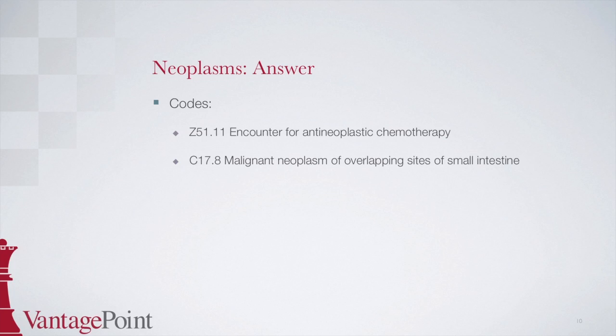I therefore went to the neoplasm table and looked for intestine. Then I looked for small indented below this main term, and then overlapping lesion. From there, I looked for the code listed under the malignant primary column, as our documentation does not state that this is a metastasized cancer, and I located code C17.8, which I confirmed in the tabular.